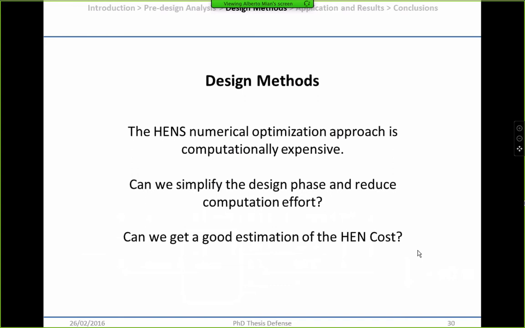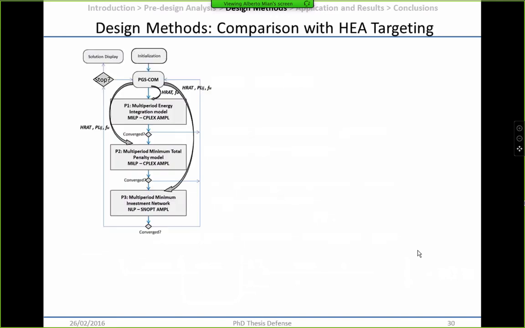Finally, I noticed that my methods here were very expensive from the computational point of view. A problem with 20 streams can take up to 4 or 5 hours on a computer. So I asked myself if it was possible to simplify this analysis, and if simplified approaches can help in this phase.